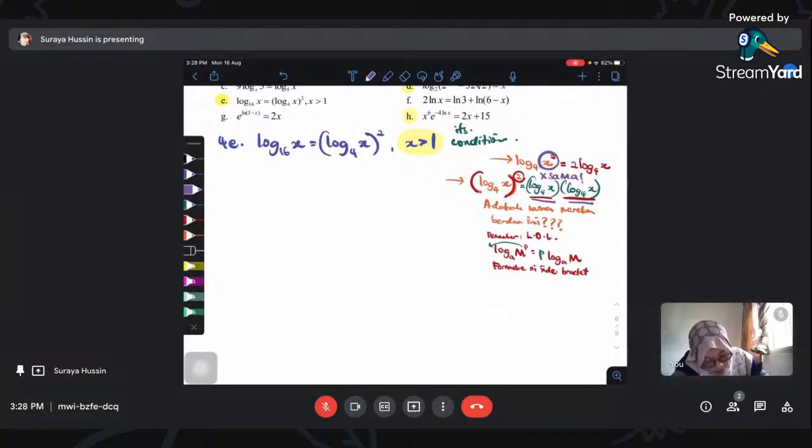Okay, now kita tahu dia akan jadi macam subjek tau. Subjek apa? Subjek M lah. Sebab yang ini akan ditukarkan menjadi log base 4x over log base 4 16.